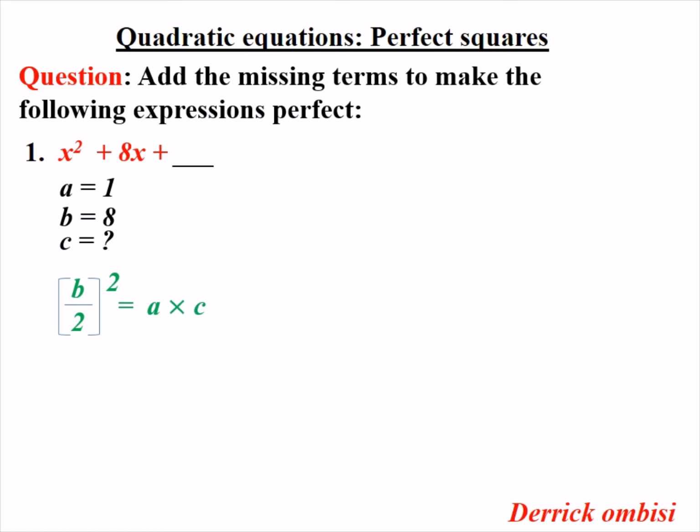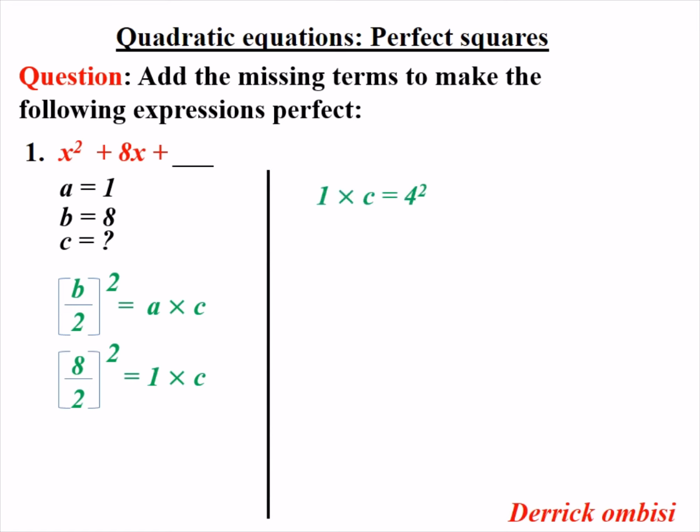So in this expression, b divided by 2 becomes 8 over 2. Then if you square it, you should get a, which is 1, times c, which is what we are looking for. So 1 multiplied by c equals, 8 over 2 is 4, then 4 squared is 16.